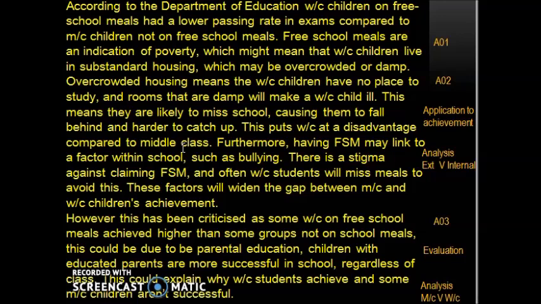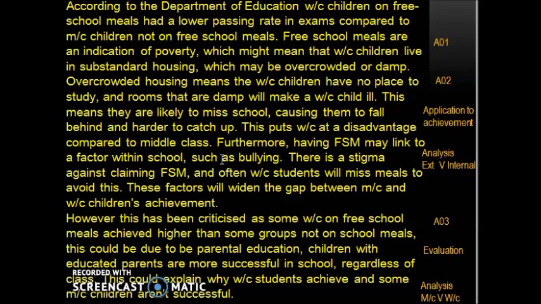Okay, but we are going to develop it in another way here. So furthermore, having free school meals may link to a factor within school, which is bullying, which is part of peer groups and subcultures. And there's a stigma against claiming free school meals, and often working class students will miss meals to avoid this. And these are going to widen the gap between middle class and working class children's achievements.